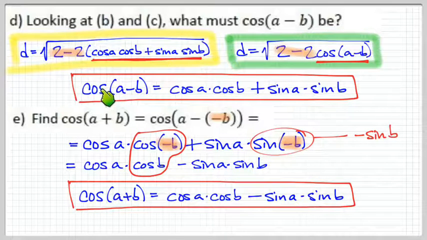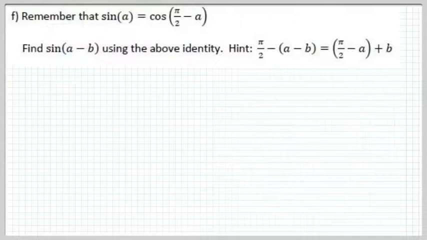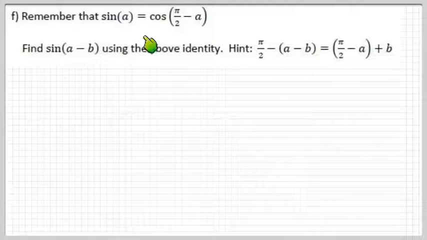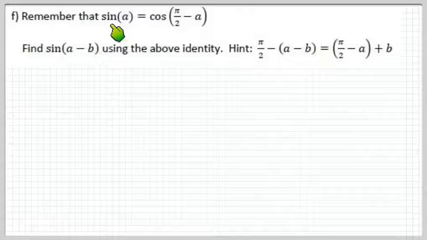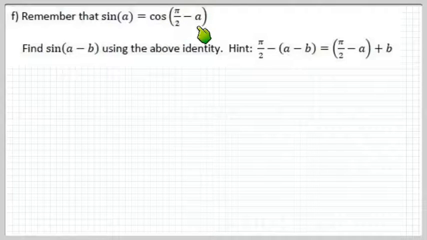Now how do we figure out the sine version of these? What can we do? That's what we're going to look at next. To do that, we're going to start with this identity where we recall that the sine of an angle is the cosine of its complement.